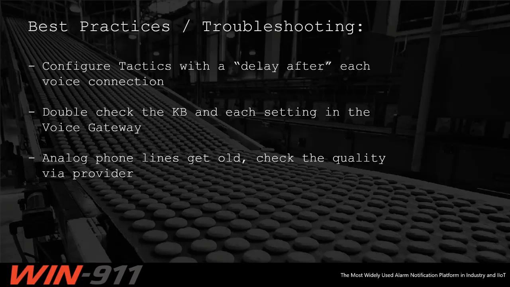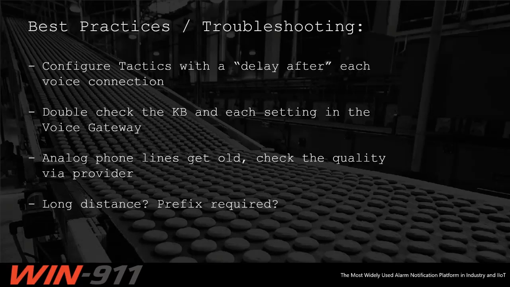If the phone line has bad quality or some crosstalk or attenuation, or it's strung over some things that are giving it bad signal, you hit 2 and it hears 5, and it just sends that back. All WIN-911 is doing is listening to what the phone line hears. So you can have some issues with acknowledgments, some bad phone quality. You may not be able to ACK and have some failed calls. So always get the quality of the phone line checked for those analog phone lines.